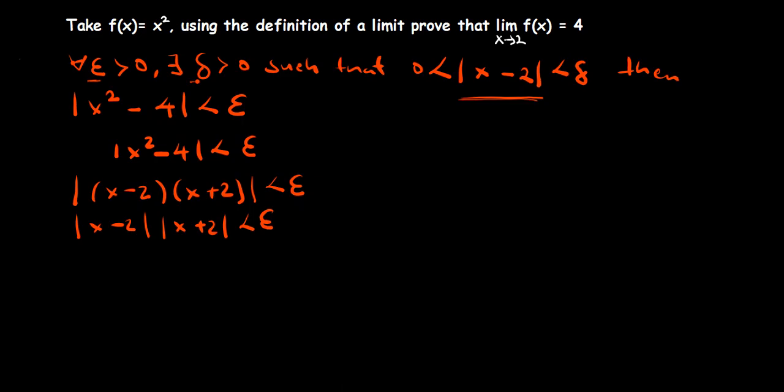From here, I cannot divide to remain with x minus 2 less than epsilon, because I will have to limit the values of x here. I must get a definite point of x. What I'm trying to avoid is making this part to be 0.